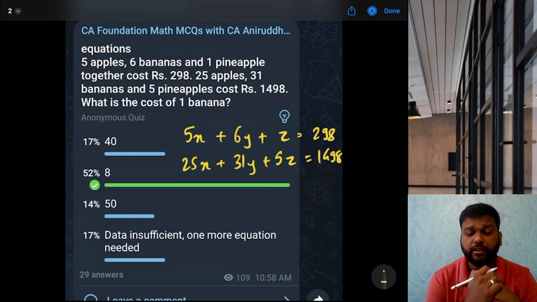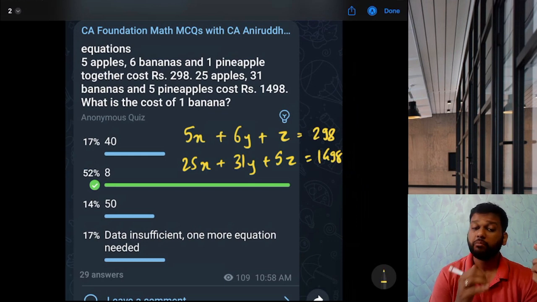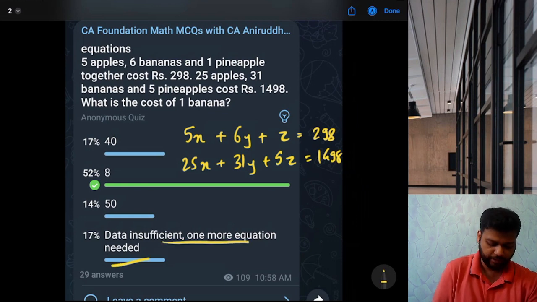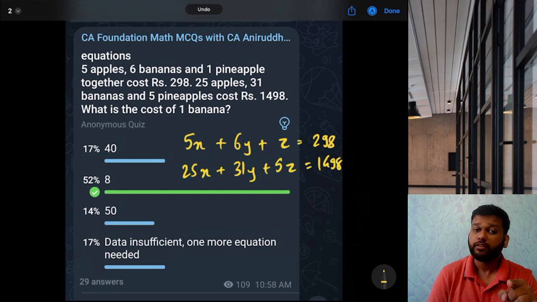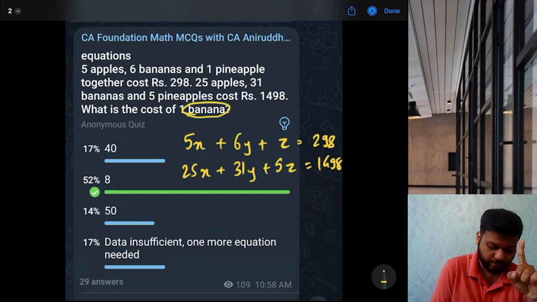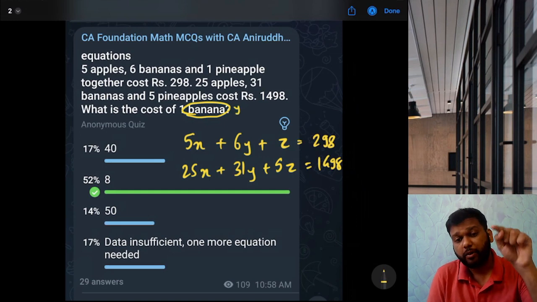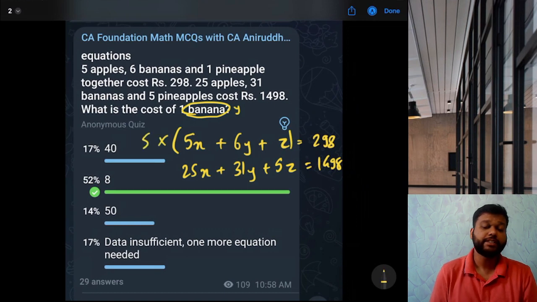Now technically, if we have 3 variables x, y, z, we need 3 equations. Okay, but this is not the correct answer here. Why? Because in this particular case, we want cost of 1 banana, which is y, and we can get y from here. Why? Because if you multiply the first equation by 5, let's see what will happen.